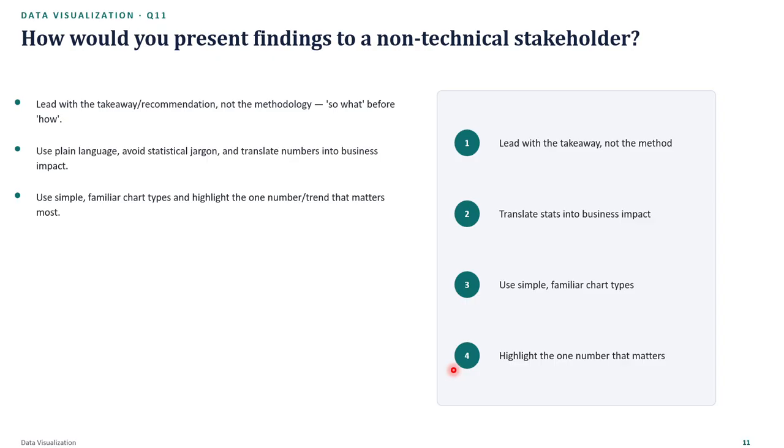How can we present findings to a non-technical stakeholder? For a non-technical stakeholder, what is important is what happened rather than how it happened. We should use plain language. Statistical jargon has to be avoided, and wherever possible we should translate the numbers into business impact.